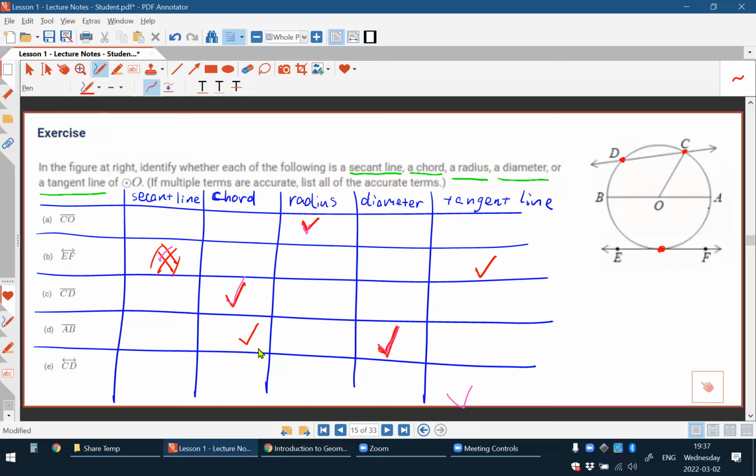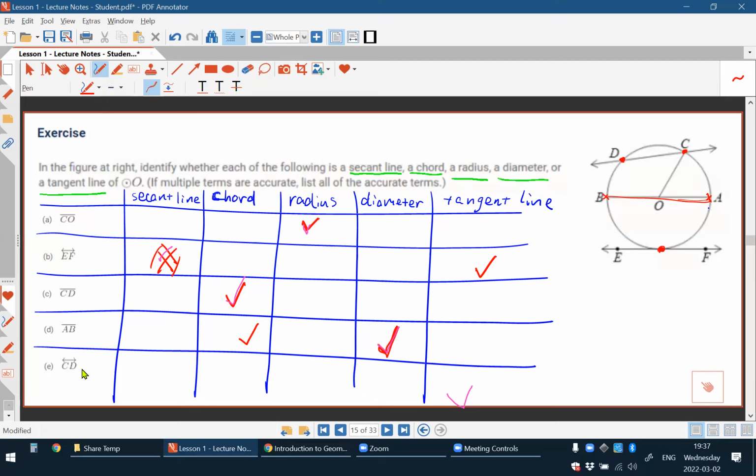Do you understand? Because according to the definition, A is on the circle, B is on the circle, so the segment connecting these two points is called a chord. The difference is that this chord crosses the center, so it's also called a diameter.